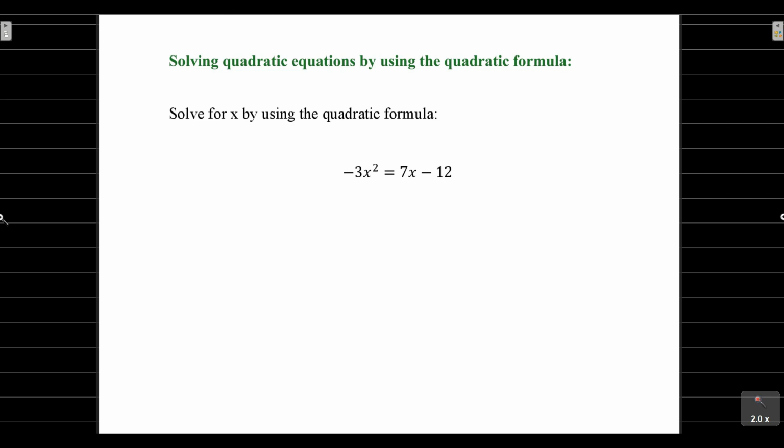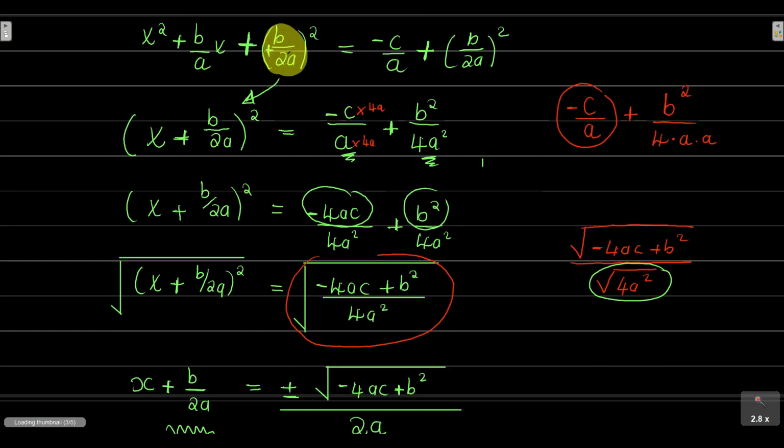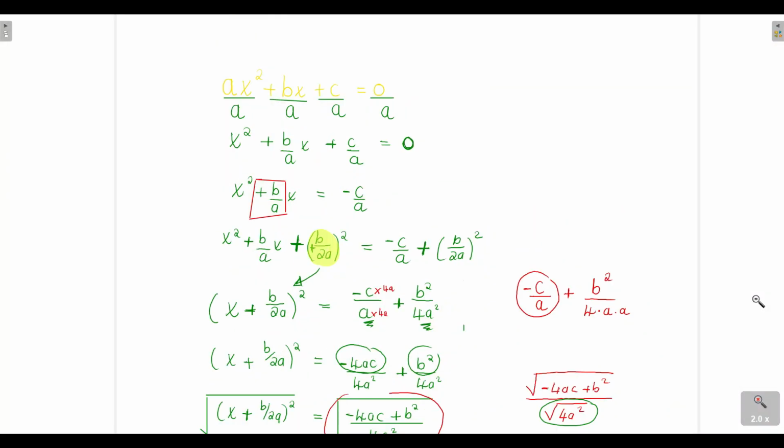So on today's video tutorial, guys, we're going to be solving this quadratic equation by using the quadratic formula. I've shown you how the quadratic formula came about, how it is derived. We basically discussed that in the previous video tutorial.